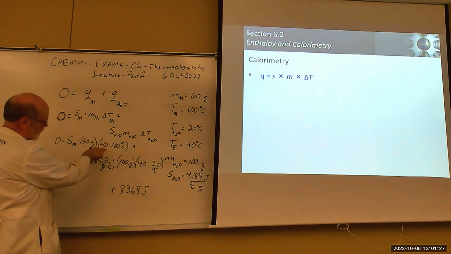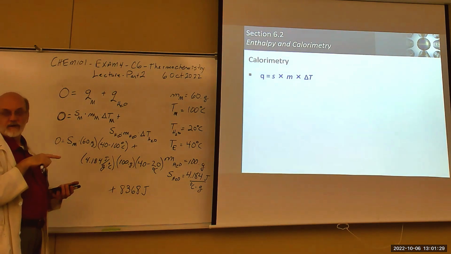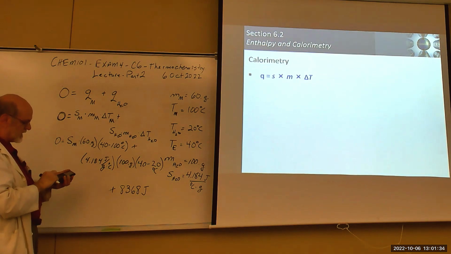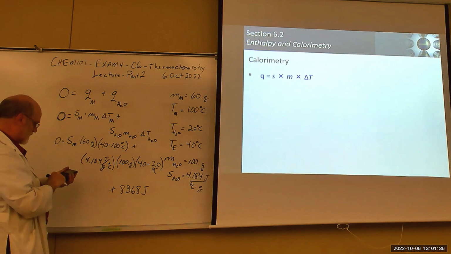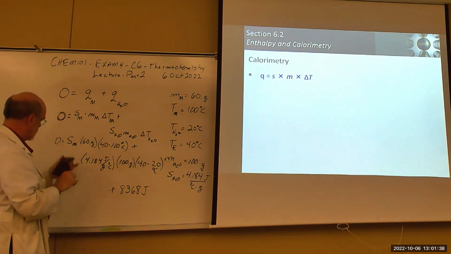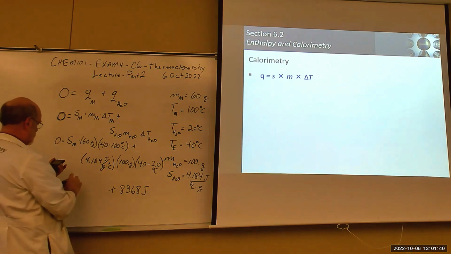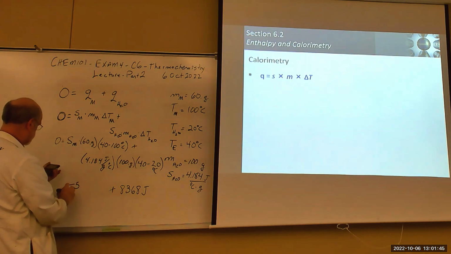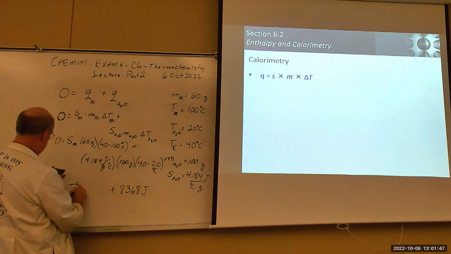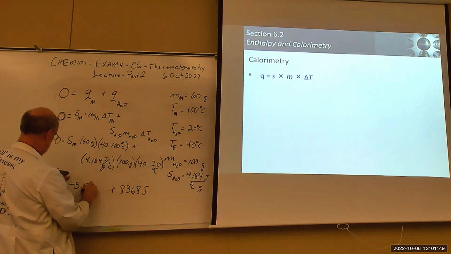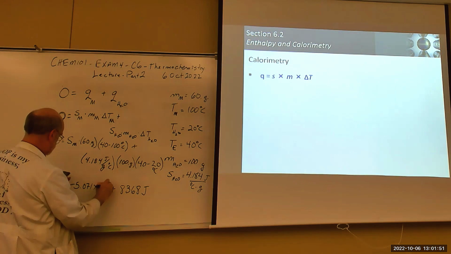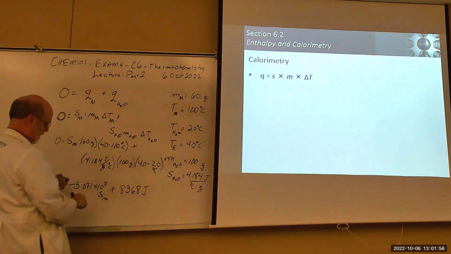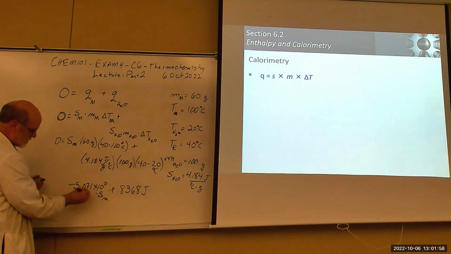Now for this one, 40 minus 100 is minus 60, right? So we have to use a minus 60 times 60 times our unknown. So this is minus, I'm going to use scientific notation, 5.071 times 10 to the 7th. So this is times that.